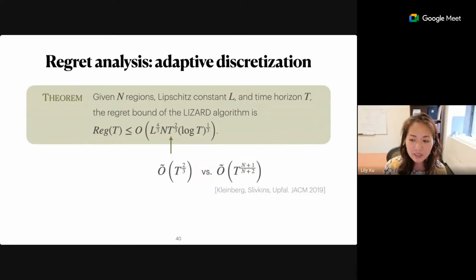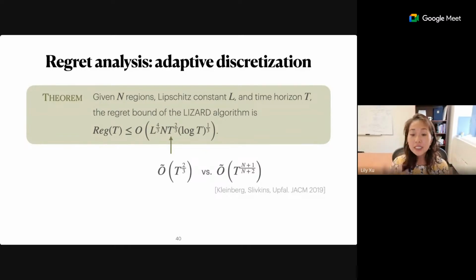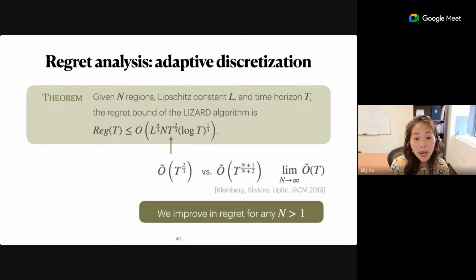So there's no dependence on N. And this contrasts to existing approaches that focus only on the Lipschitz component of this work, which do scale as the number of regions grows. So for the Lipschitz algorithm alone, as the number of regions gets bigger, the regret bound approaches a linear O of T, but we are able to stay at O of T to the 2/3, regardless of what size N is, by combining this combinatorial decomposable action space with Lipschitz continuity.